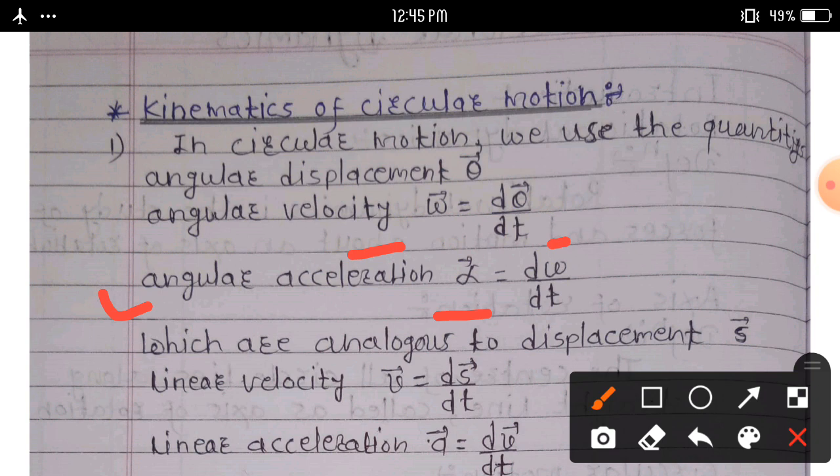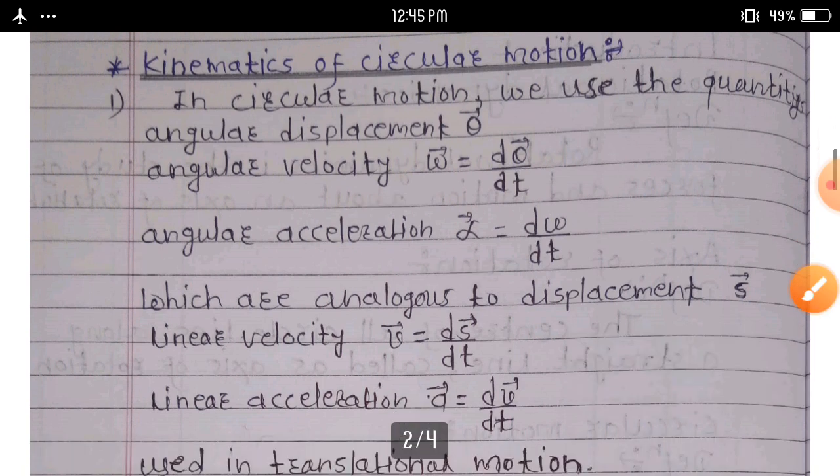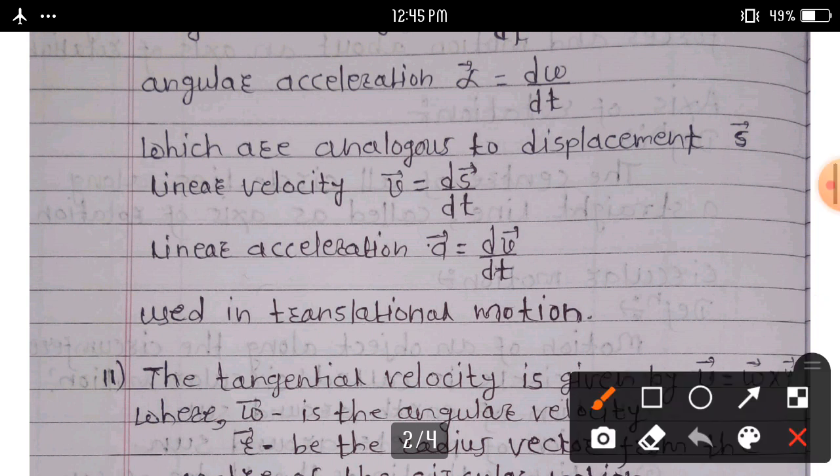Then linear velocity is denoted by v bar, and displacement by s bar. Linear velocity v bar equals ds bar upon dt.